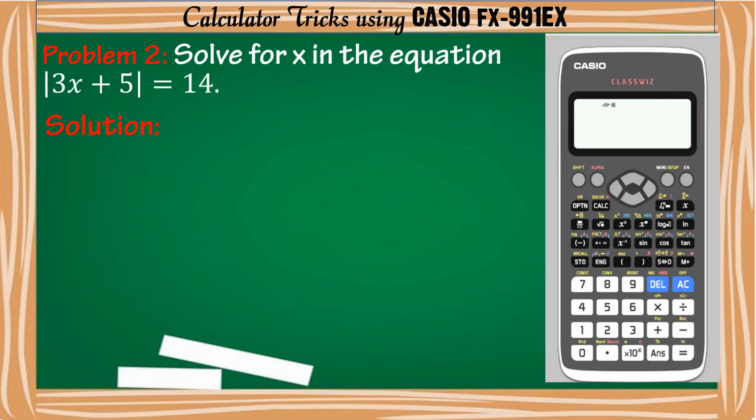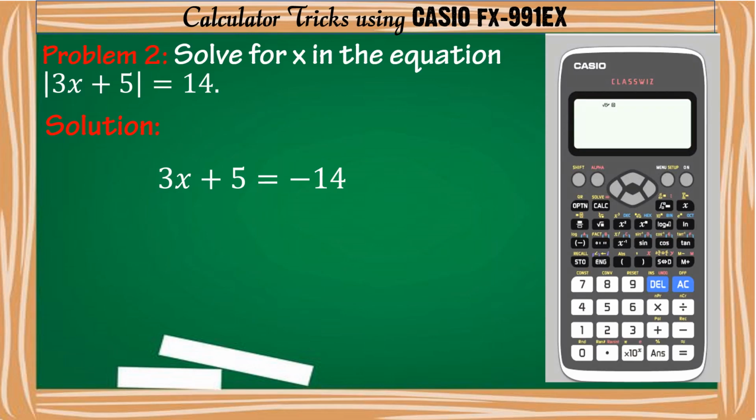Again, using the calculator, to get the negative value, we will use the equation 3x plus 5 equals negative 14. Mentally, we can solve it already, and we know that the answer is negative 19 over 3. Pero kung mga bata yan, and they want to make sure that their answer is correct, they might want to use the calculator to get the negative value.